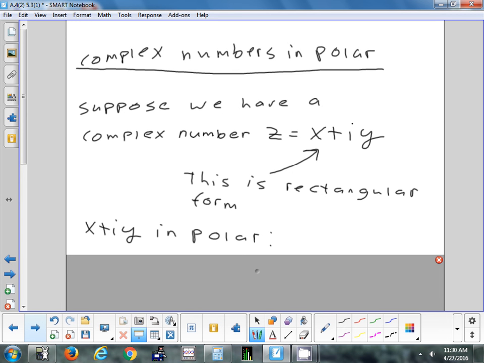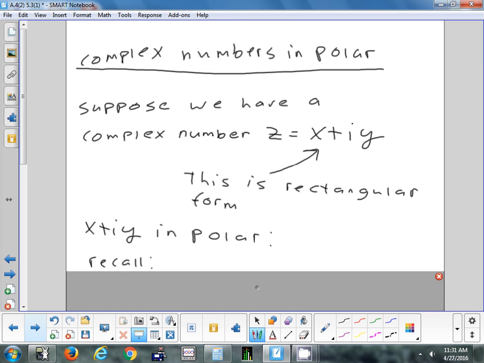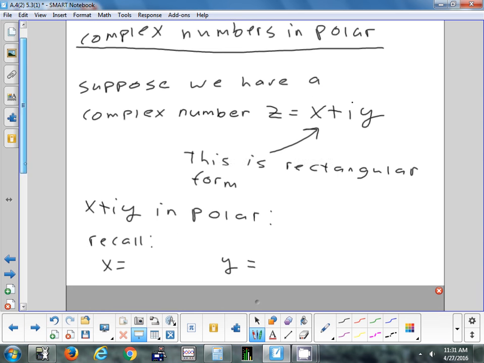Now, when we write something in polar, we don't use x and y. Does anyone remember from earlier in the week, what are the 2 letters we use in polar? Yeah, r and theta. So when I'm done, I'm going to have a formula without x and y. I'm just going to have an r in it and a theta in it.